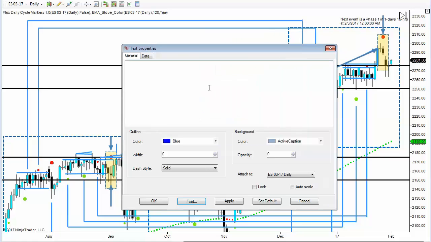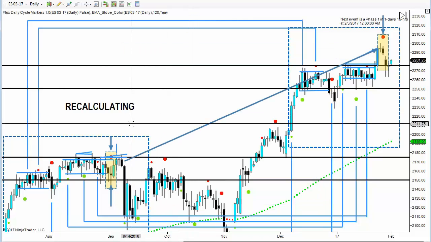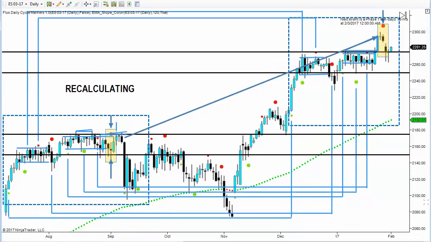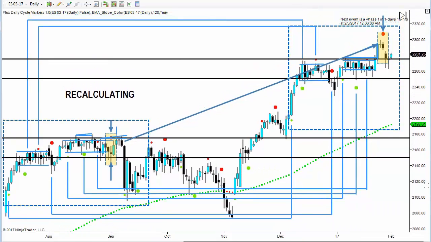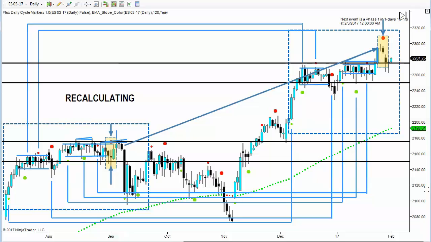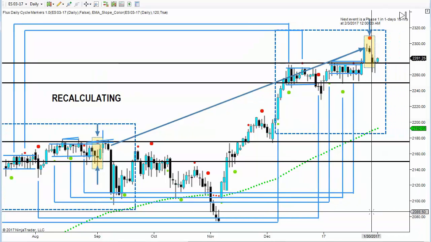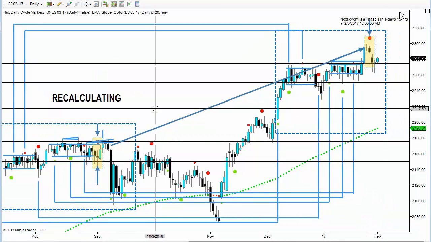All right, when you go off the beaten path, it'll say recalculating. Recalculating a new path. Okay, so I want to show you what I'm thinking about today, and you could go back and do your own research and see if this is something you agree with or not.